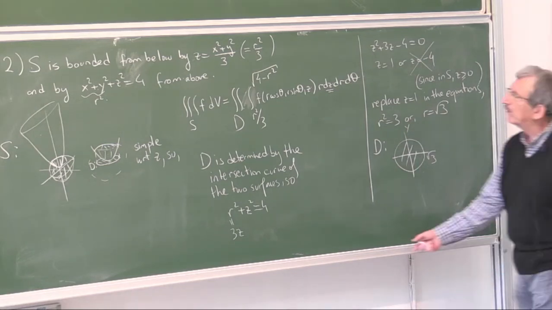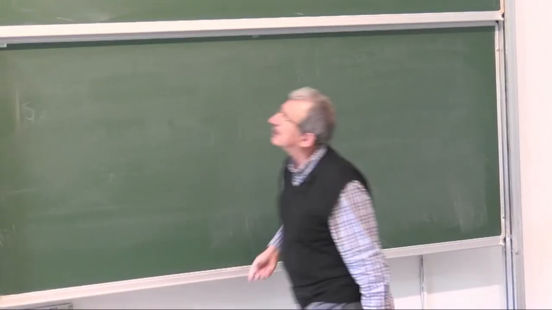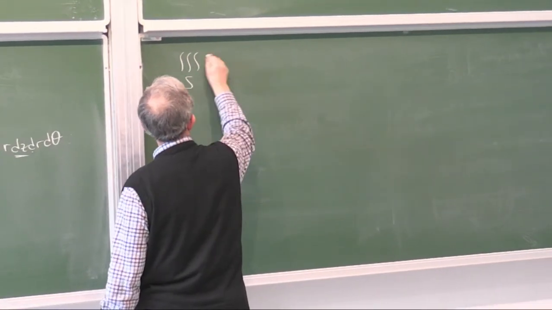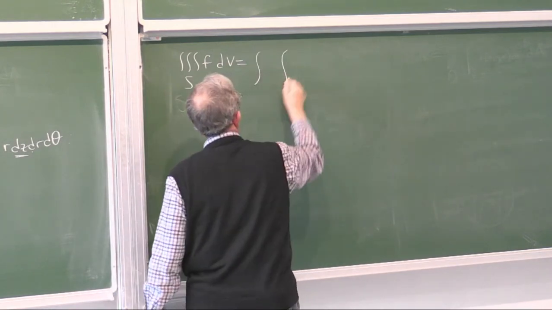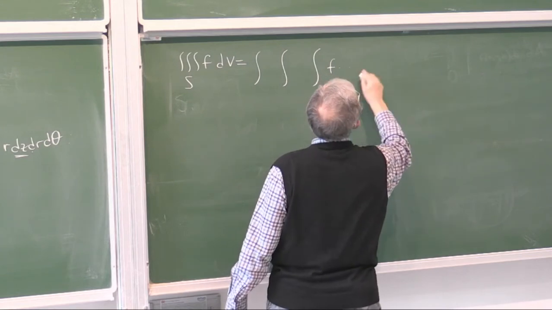And therefore, we can now write down the whole thing in iterated cylindrical form. So this triple integral would be now, we already figured that out. I will not repeat the rest here.